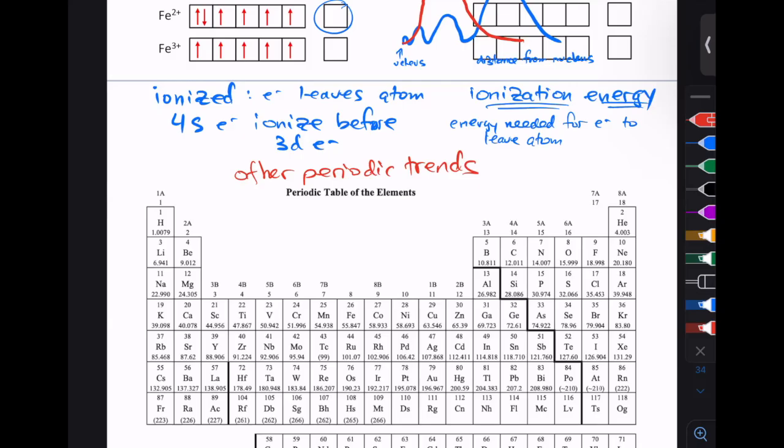I told you we can look at the trend of ionization energy in different elements. There is a general trend. You'll find that ionization energy, let's call that IE for short, increases as you go from left to right across a period.